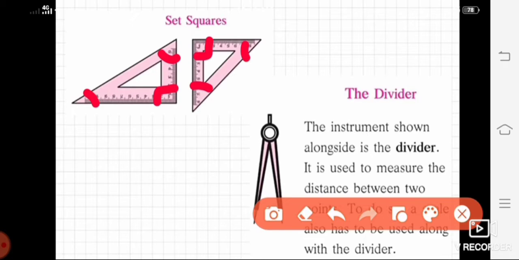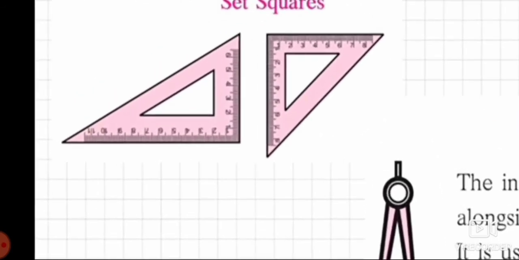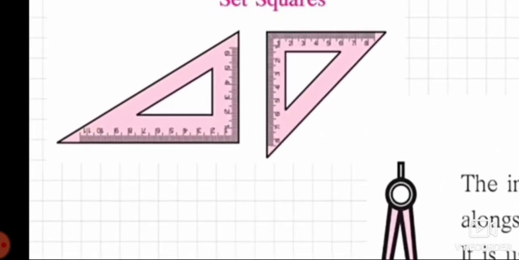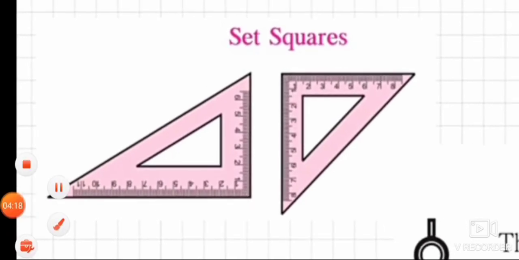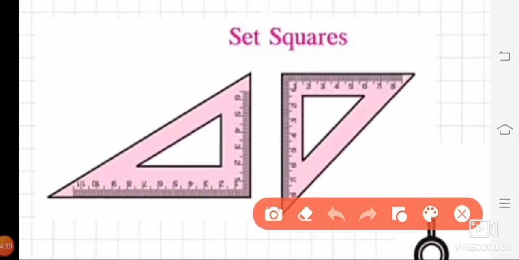Can you see certain angles there? Now you have learned what is an acute angle and a right angle, yes? So I'll zoom this figure a little bit. Now see here, you are able to see an acute angle, and here is the right angle, yes or no? Again here we have a right angle, an acute angle and an acute angle.